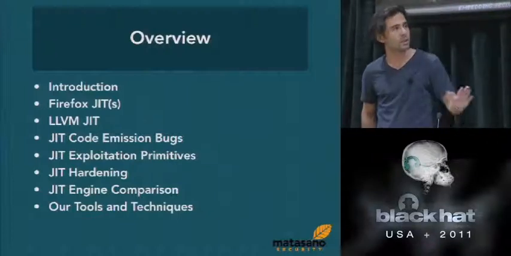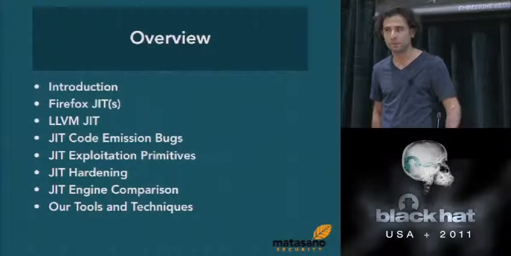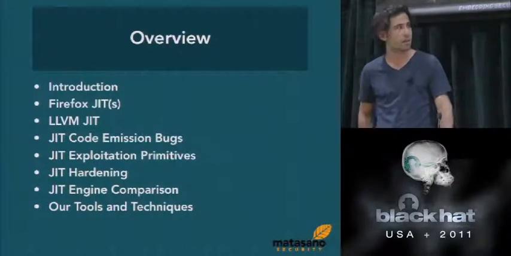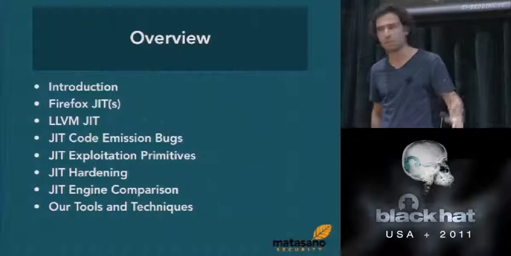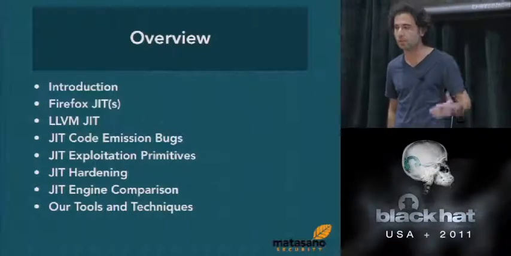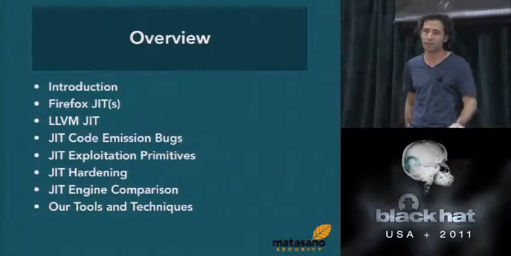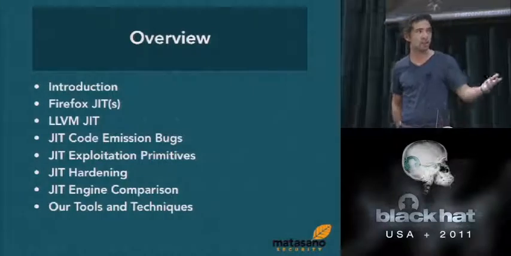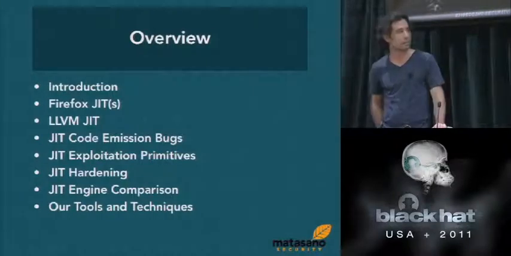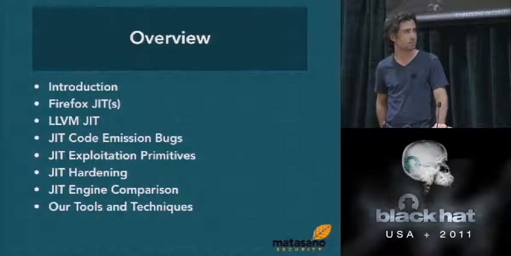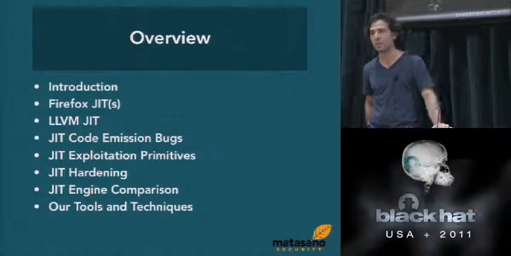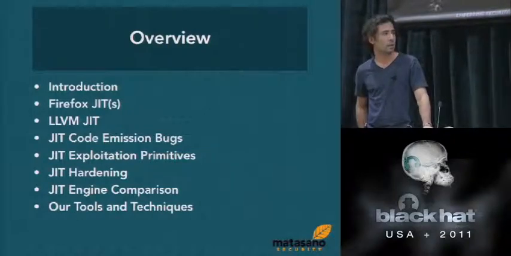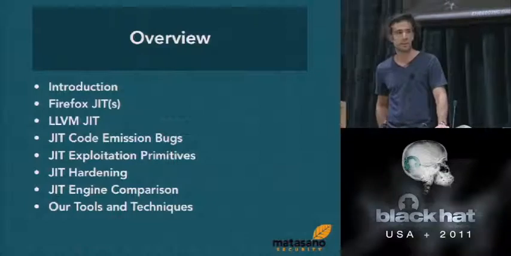We're going to talk about some bugs that they inherently introduce just by the sake of being there, and some exploitation primitives that are possible because they're being used. Then we're going to talk about ways to mitigate a lot of these exploitation primitives. And then we're just going to survey the current just-in-time compilers and discuss our tools, techniques, fuzzers, and stuff we found.